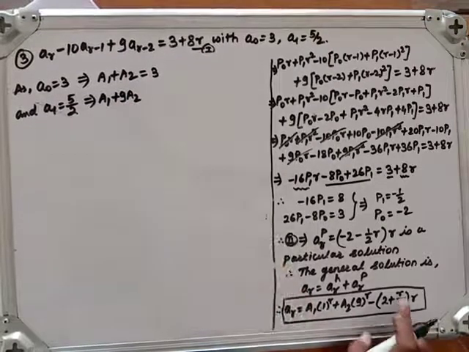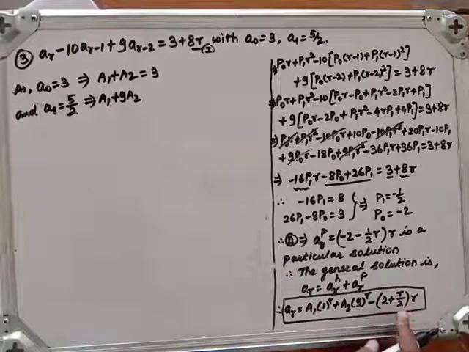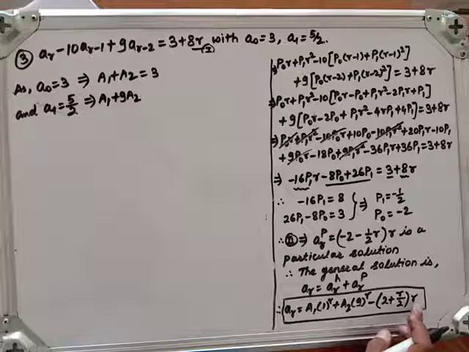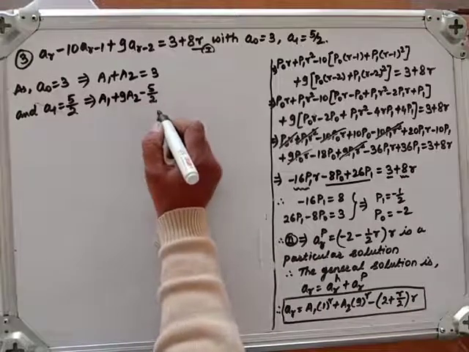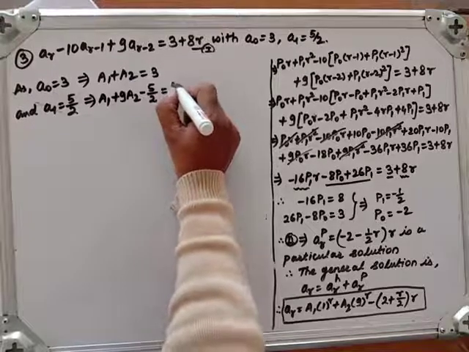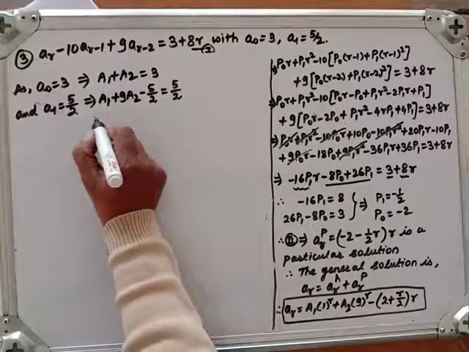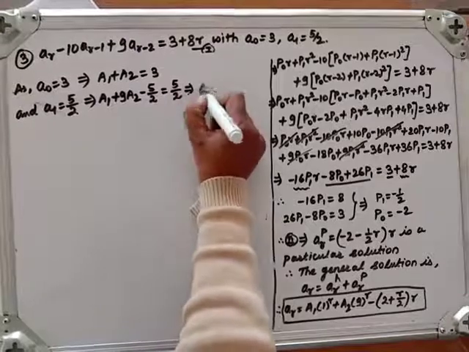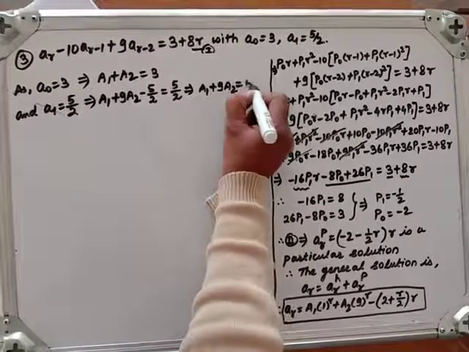So this is A1, this is 9 A2, and r is equal to 1. So this is minus (2 plus half) into 1, which is minus 5 by 2, equal to 5 by 2. So that gives us A1 plus 9 A2 equal to 5.